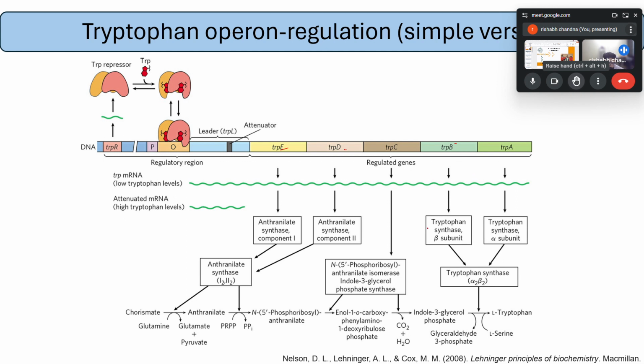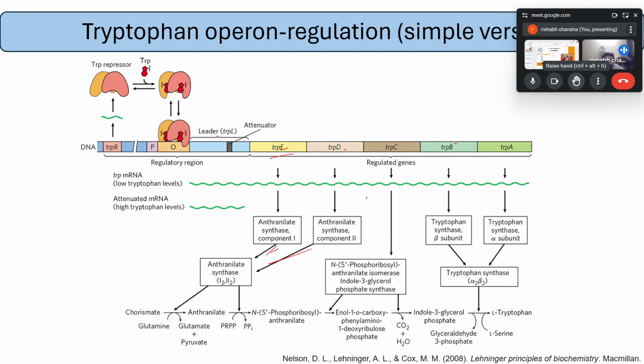Now, at the translation level, these genes produce different proteins. TRPE produces anthranilate synthase component 1, and TRPD produces anthranilate synthase component 2. These two are components of the same enzyme, anthranilate synthase.